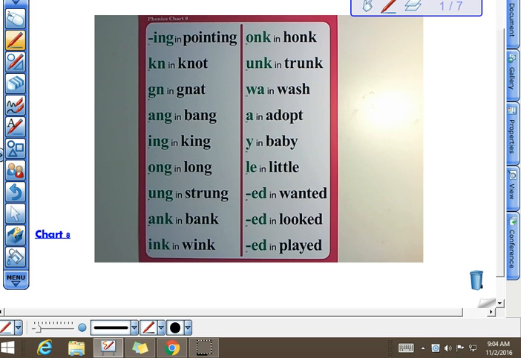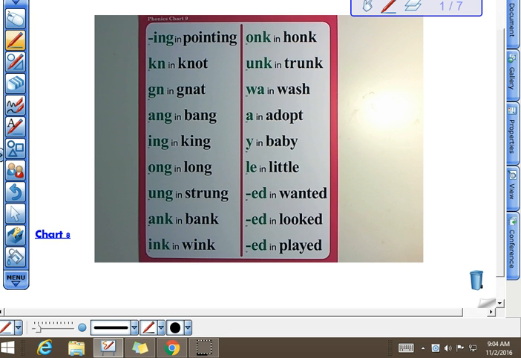Ong and long, O-N-G. Ong and strong, U-N-G. Ang and bank, A-N-K. Ing and wink, I-N-K. Ong and honk, O-N-K. Ong and trunk, U-N-K.